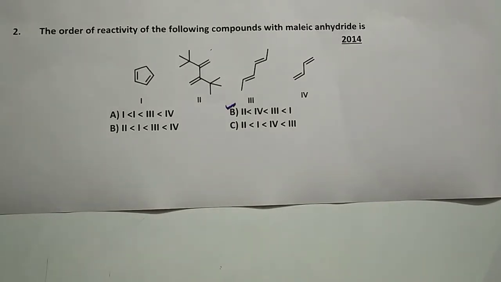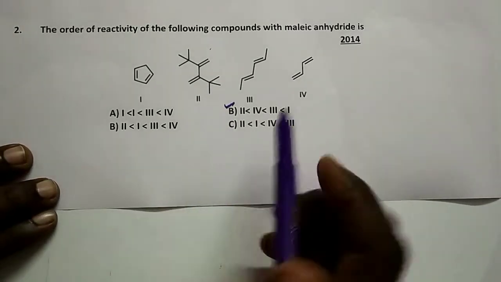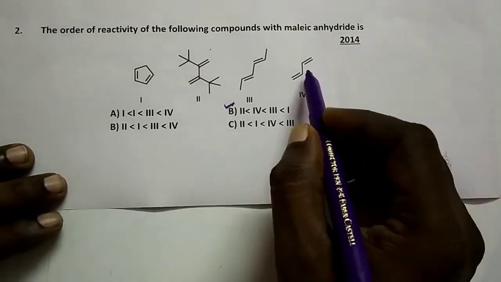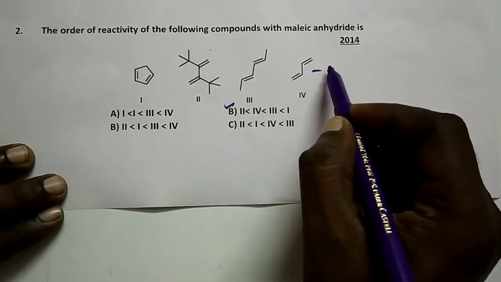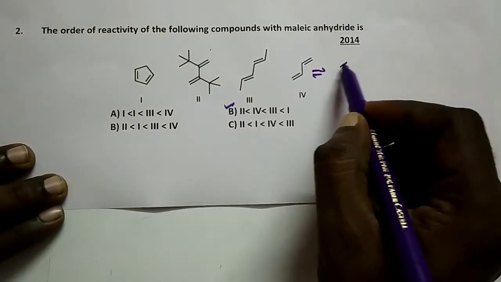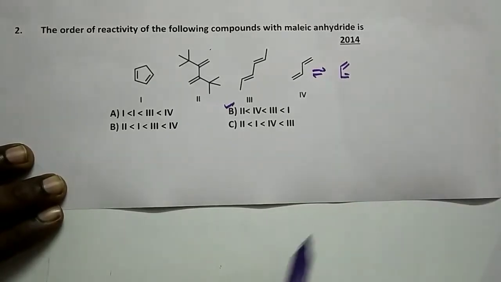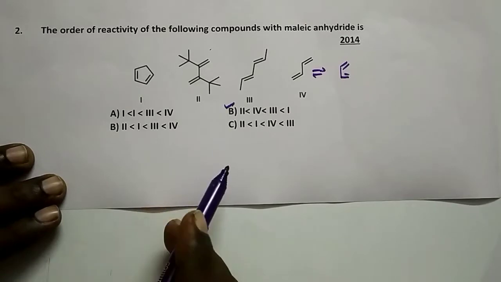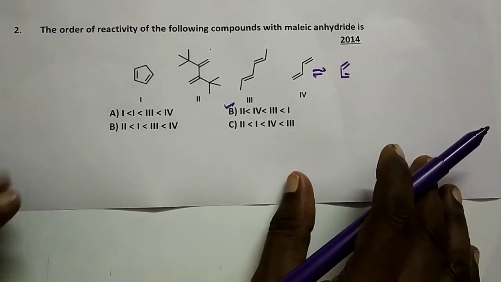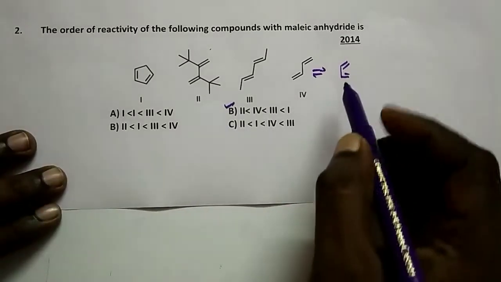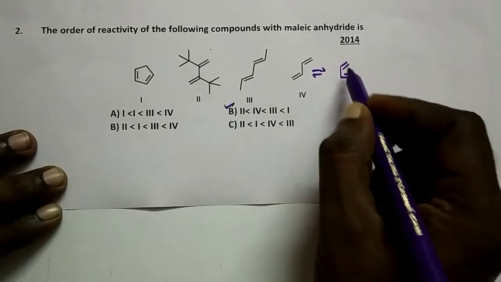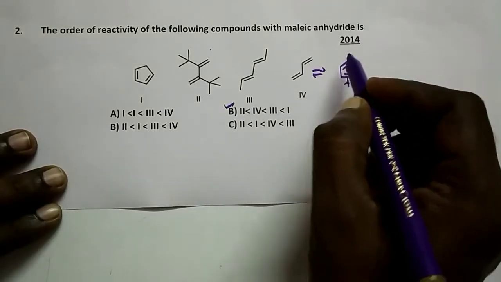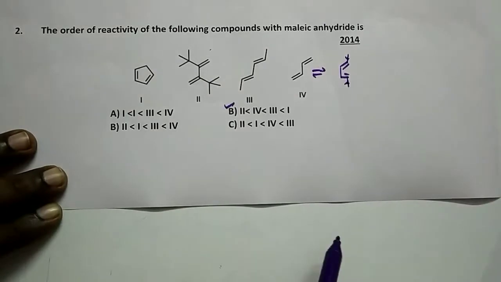I told you that this one can be converted into cisoid. The diene should be electron rich, and the dienophile should be electron deficient. So if we have a methyl group here, it is electron rich and should be more reactive.